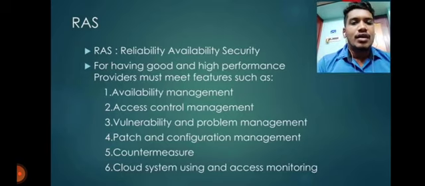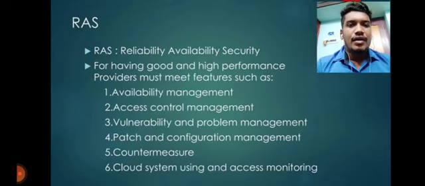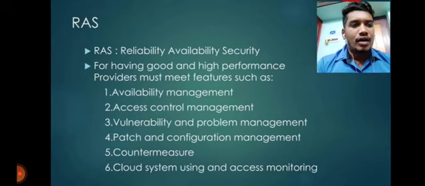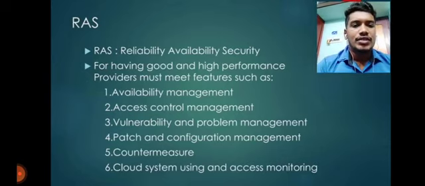These six RAS methods protect our client and server security functions. It also provides user ID and password methods, private methods, authentication methods, integrity methods and so on. It provides some more security functions in cloud computing.